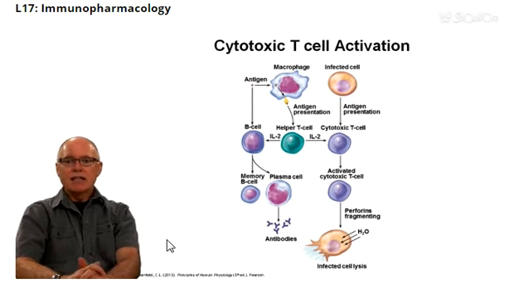And secondly, it also has to receive an inducing signal in the form of IL-2 from the helper T cell. Once activated, cytotoxic cells release perforins, which lyse cells. Overall, effective immune responses arise from multiple direct and indirect interactions among macrophages, helper T cells, B cells, and cytotoxic T cells.